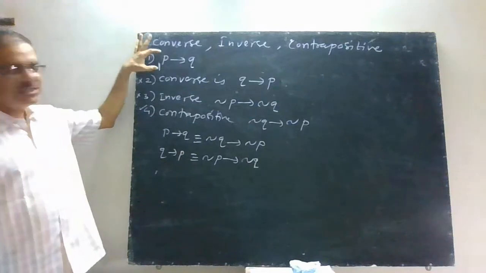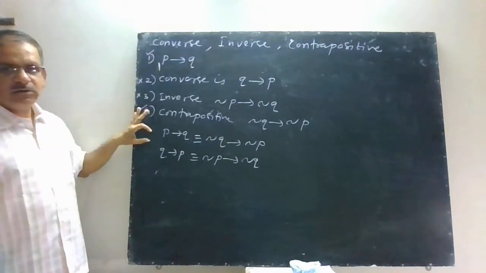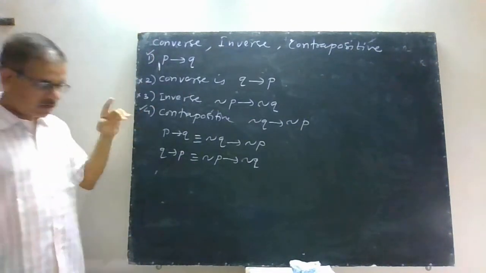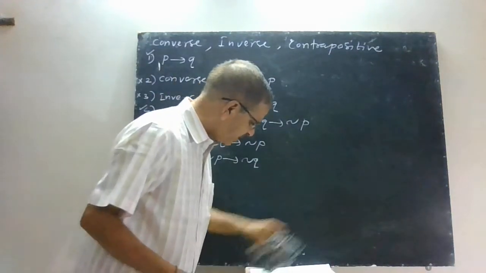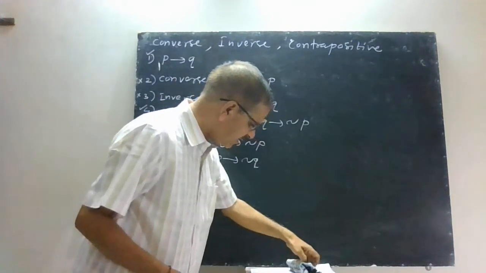Now you will be given a statement, and then you have to write down its converse, inverse and contrapositive. We will take one example. If man is bachelor, then he is happy.